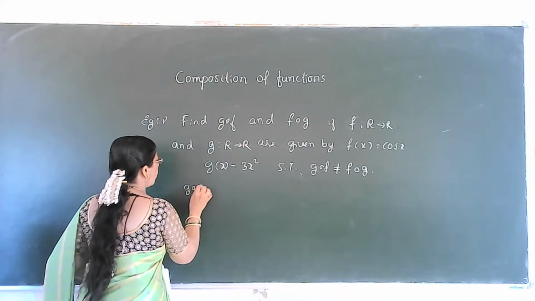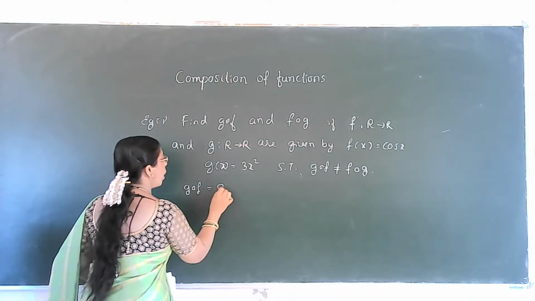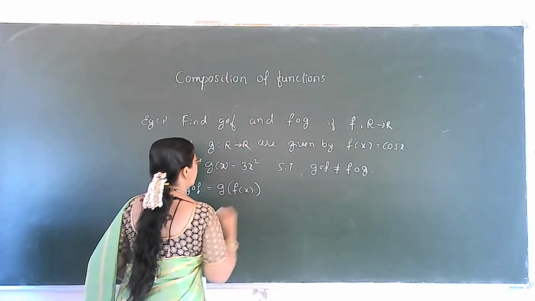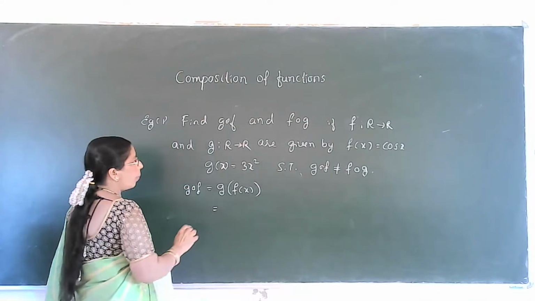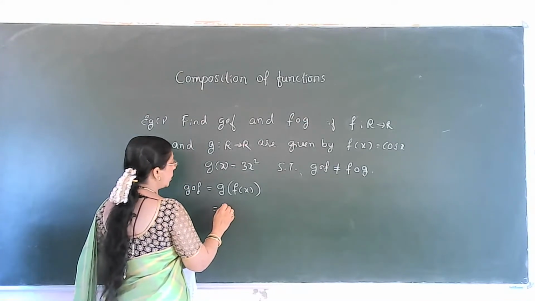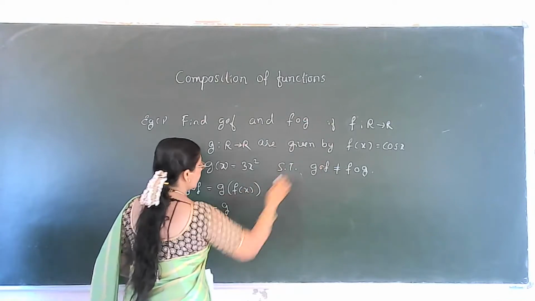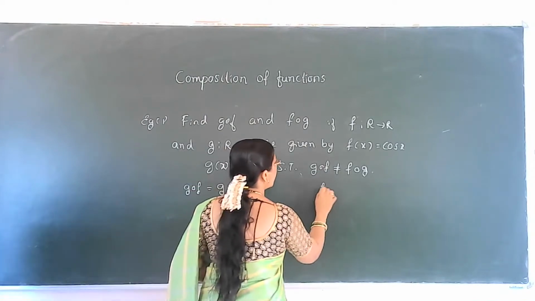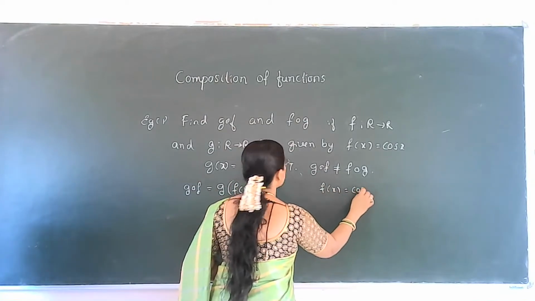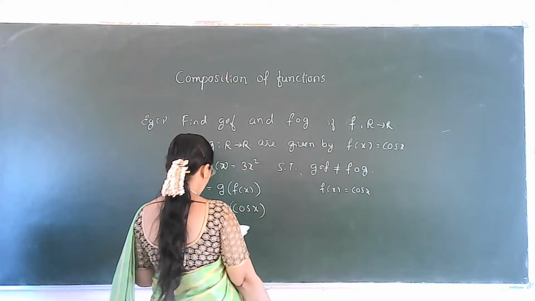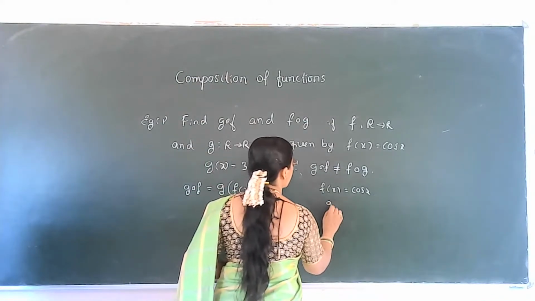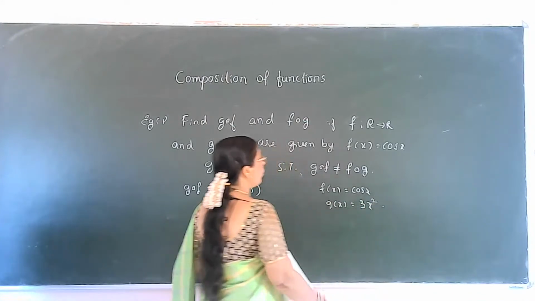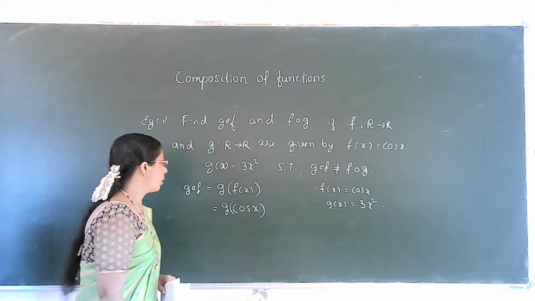First we find g naught f, which is equal to g of f of x. We should write f of x equal to cos x and g of x equal to 3x square. These are the two given functions.